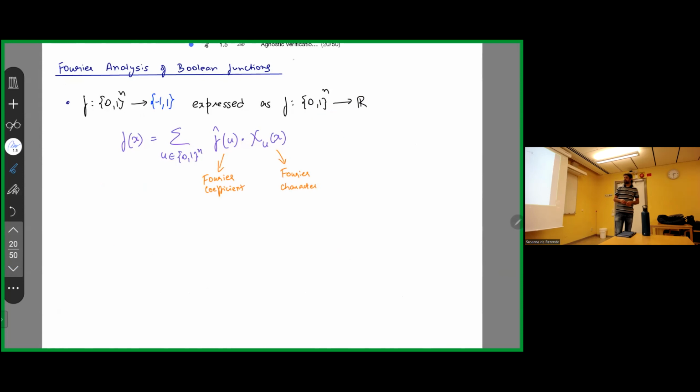For the first one, I'll just make a very quick recap of Fourier analysis of Boolean functions. So you have a Boolean function f from {0,1}^n to {-1,+1}. I'll just switch to -1, +1 here, which is the Fourier basis.